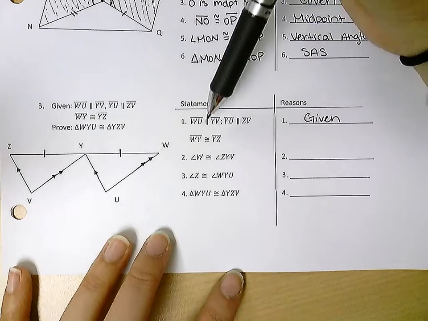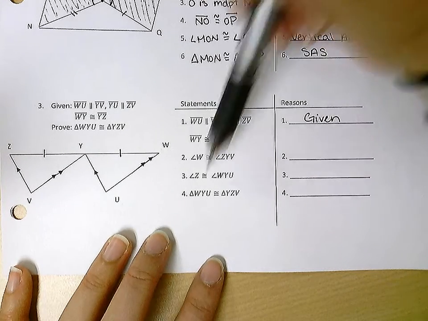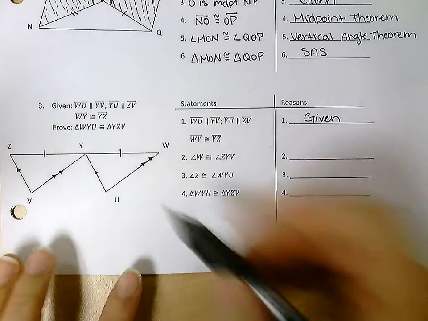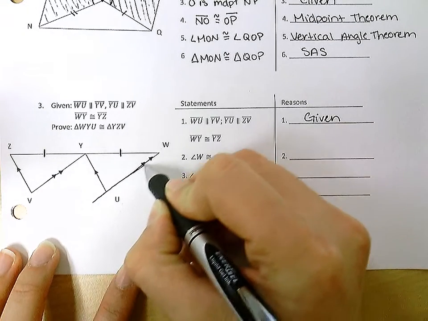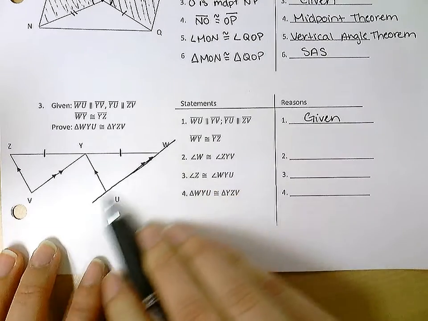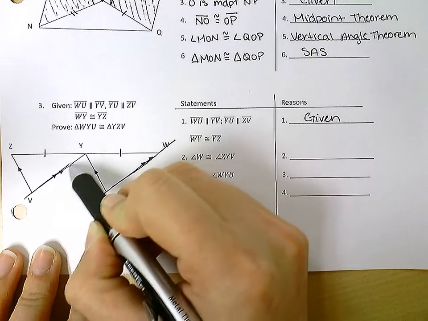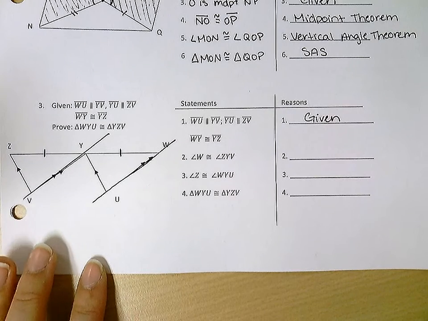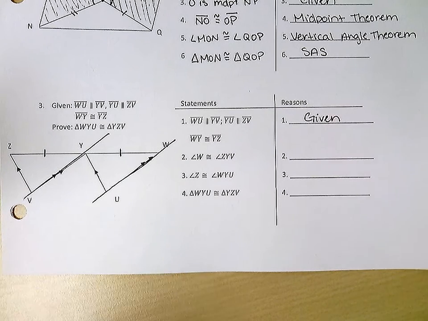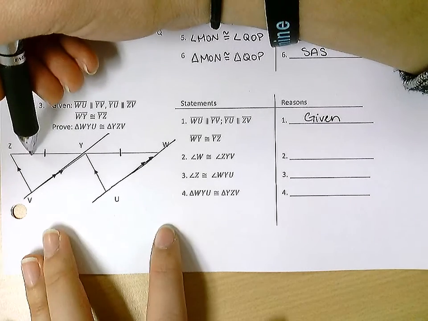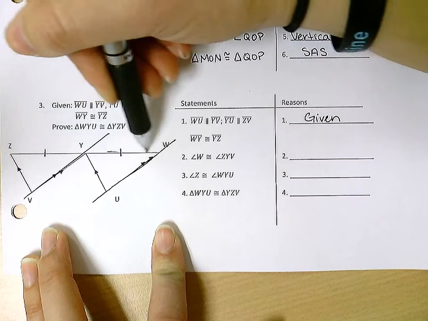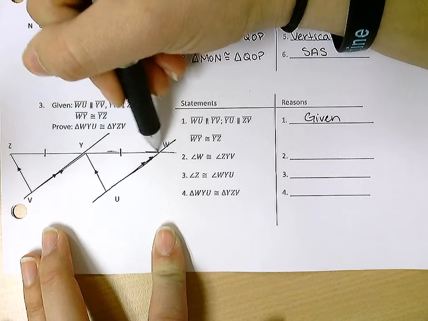So I need to use this given information to say why I can make those other statements. Well, I'm going to use that my two lines here are parallel. Okay, so WU and YV are parallel. Now I have this transversal that cuts through both of those parallel lines right here.